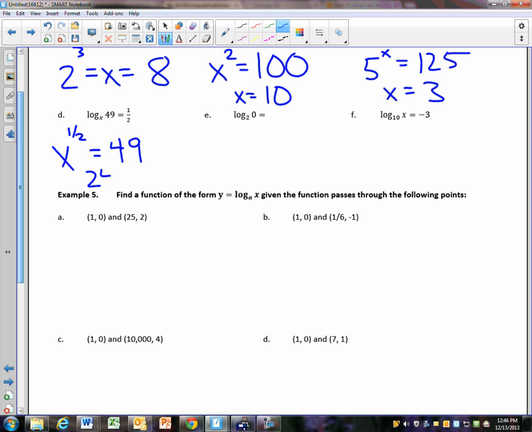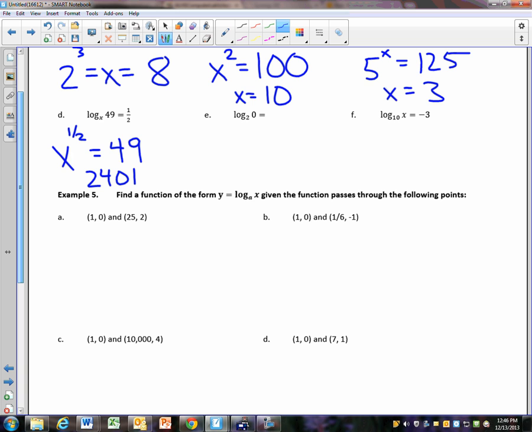When I first wrote the problem, I actually wrote it wanting to come up with 7. But it just reminds you to be careful. You can't just think, okay, 1/2 means square root, square root of 49 is 7. That's true, but that's not how this is set up. X in this case happens to be 2,401, because that's the number you take the square root of to get 49.